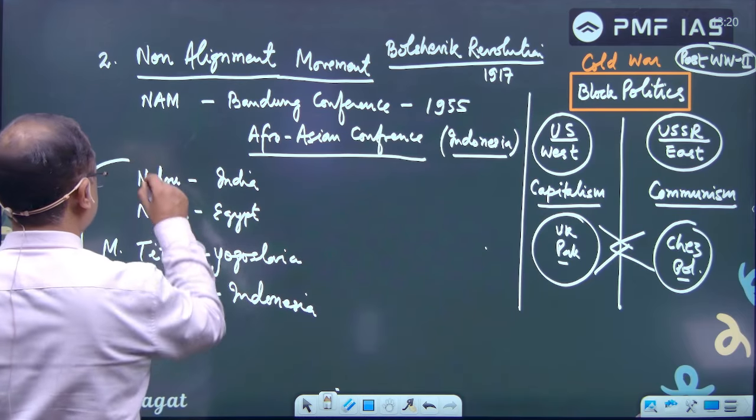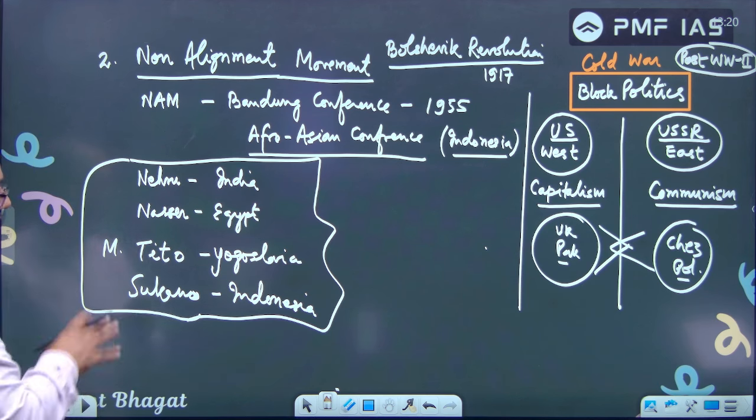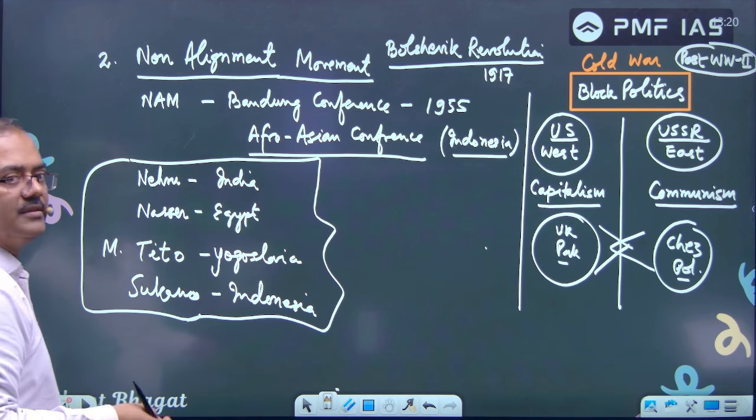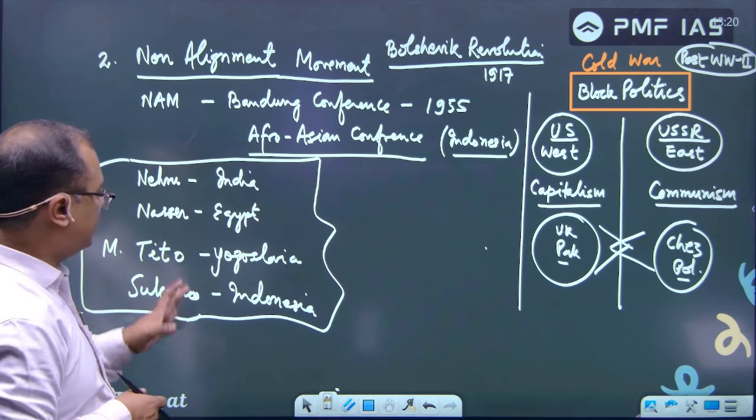Nehru's role is very important, very significant. These four leaders or four countries took the lead. A 29-nation conference took place, but four countries took the lead.